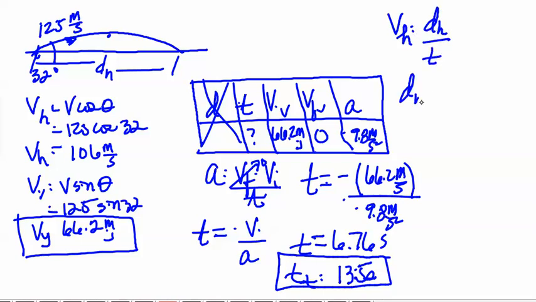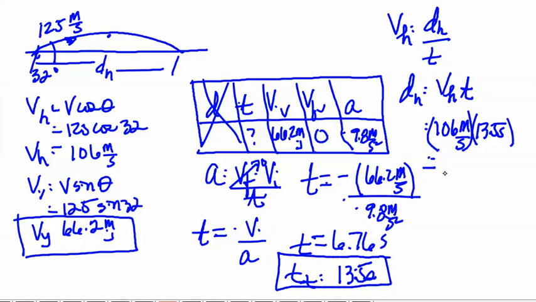Solving for the horizontal displacement, that's equal to the horizontal velocity times time, and that's equal to 106 meters per second times 13.5 seconds, and that will then give us a grand total of 1.43 times 10 to the 3 meters, and that's the horizontal displacement.